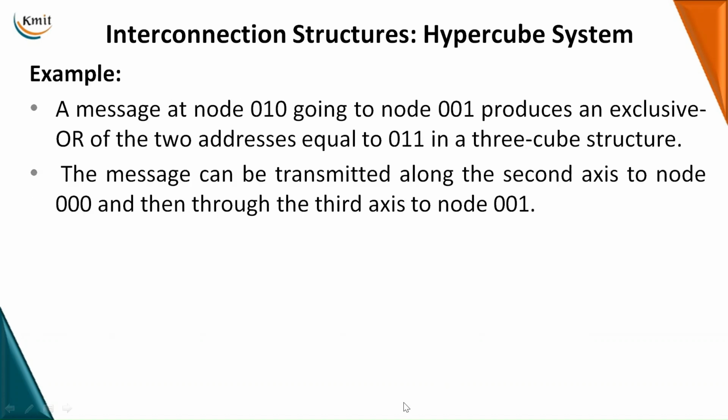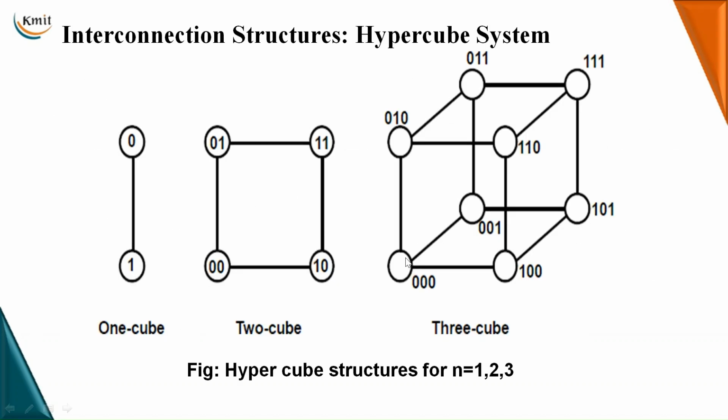Consider an example: a message at node 010 going to node 001. In this case, how can the message be routed?